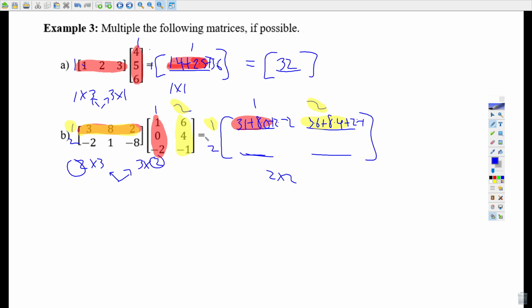All right, the one down below, we're going to go across the second row, down the first column. So it'll be negative 2 times 1, plus 1 times 0, plus negative 8 times negative 2. Hopefully you're catching on. This can go a little faster here.